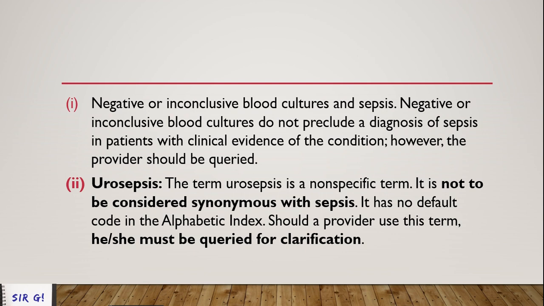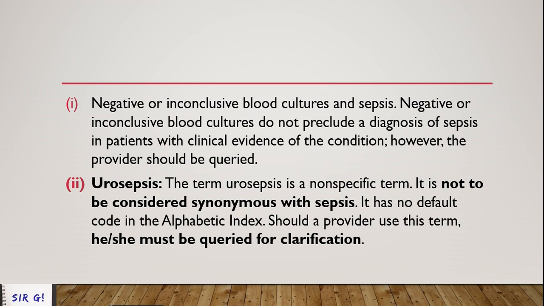urosepsis. They usually ask, what should you do if the doctor or the physician documents the word urosepsis? The term urosepsis is a non-specific term. It is not to be considered synonymous with urinary sepsis. Okay? So it has no default code in your alphabetic index. Even if you go to your alphabetic index, go to the word urosepsis, there's no default code for that.